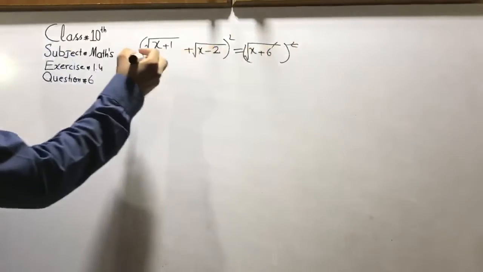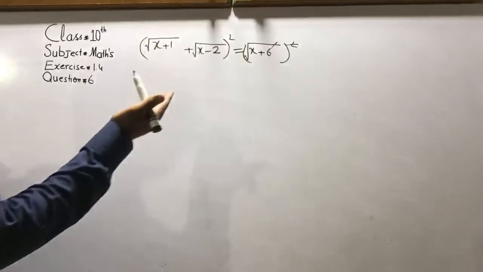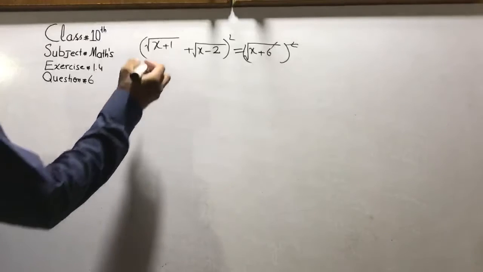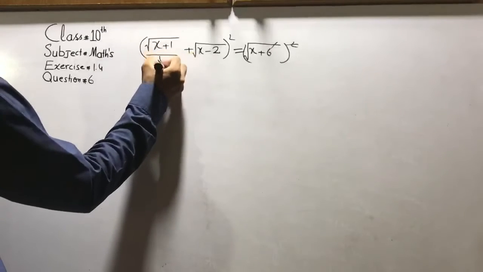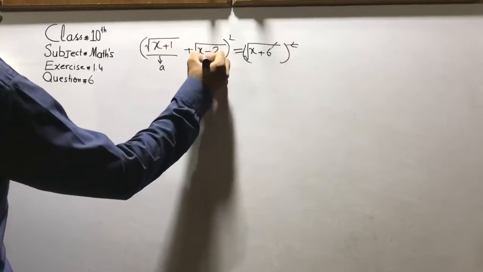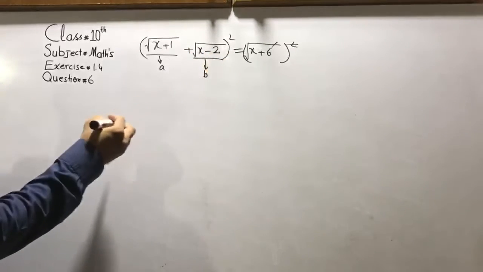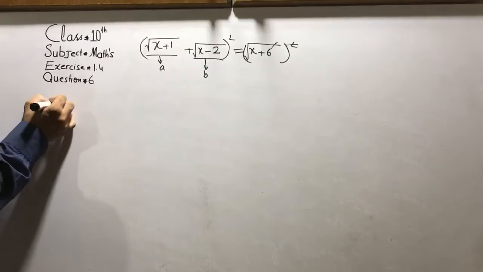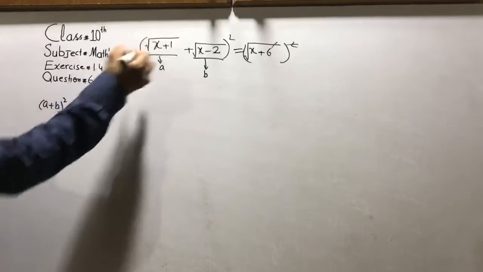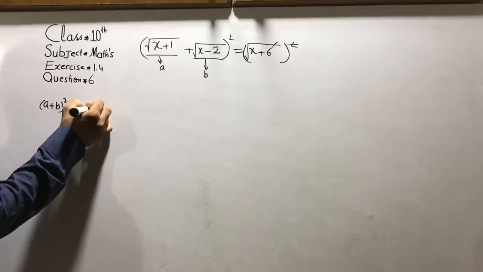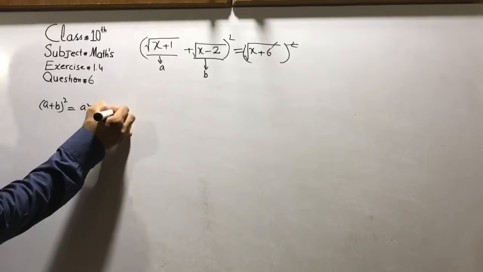Square root cancels out, and here we apply the formula of a plus b whole square. Here square root of x plus 1 is a and square root of x minus 2 is b. We get a square plus b square plus 2ab.